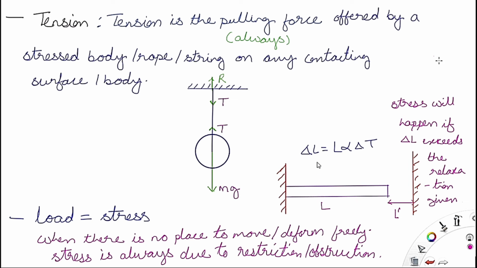But if you give a relaxation of L dash, then delta L minus L dash will cause the stress. So stress will happen only if delta L exceeds the relaxation given. Otherwise there will be no stress, because the body is free to deform and move freely.